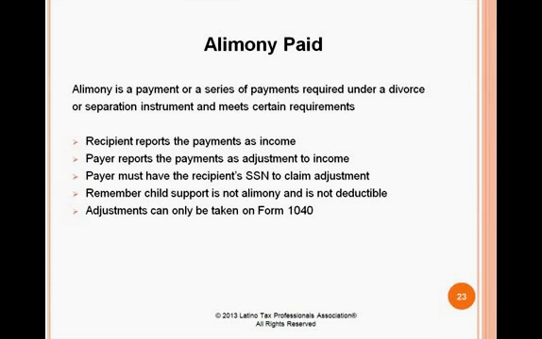Otherwise, the payer must still report the payments as an adjustment to income, and the one receiving it must include it as income. You must have the recipient's Social Security number to claim the adjustment, and in some states, also the name is required. Remember, child support is not alimony and is not deductible.